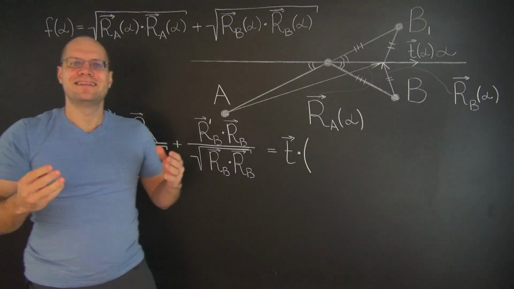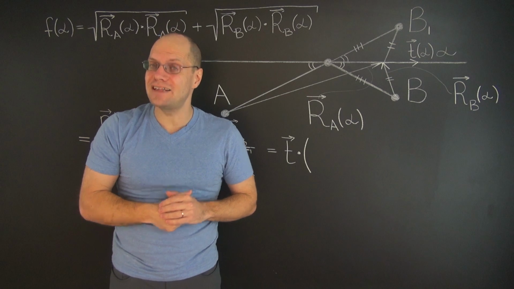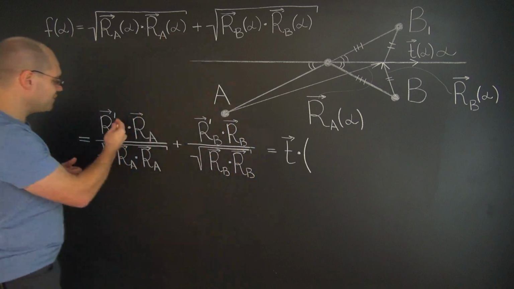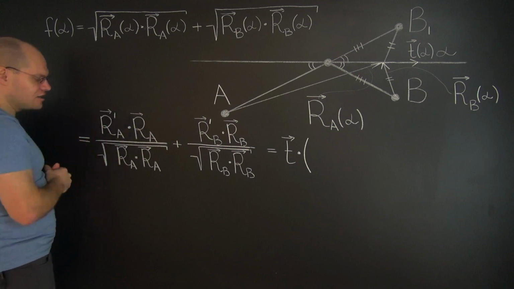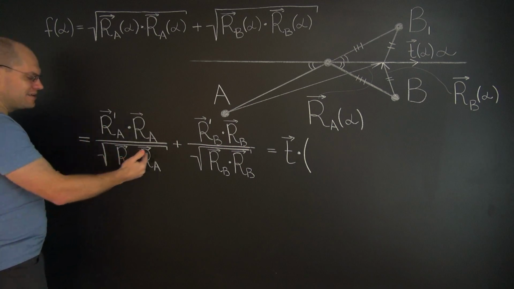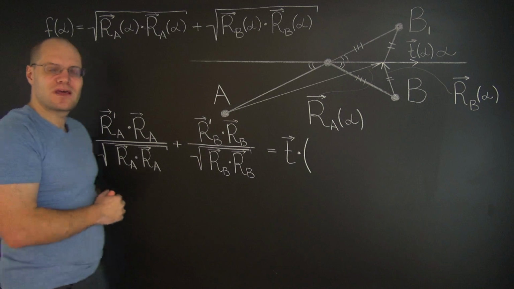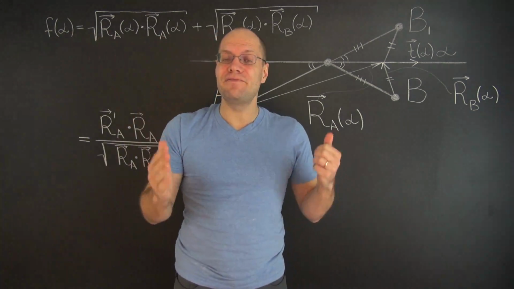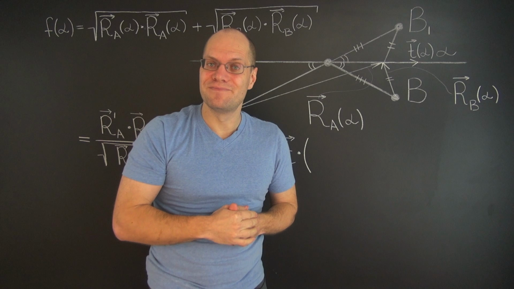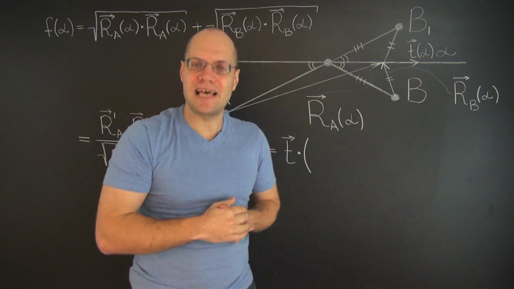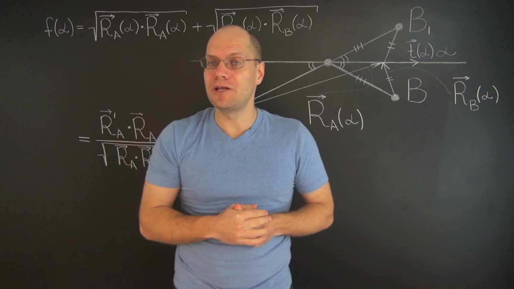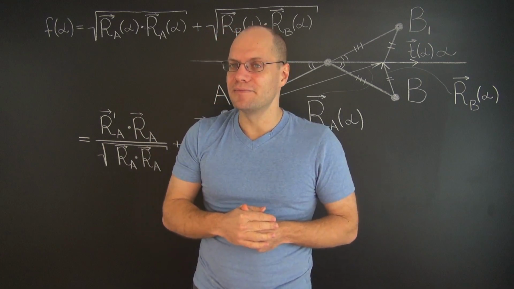All right, now let's discuss what we'll see inside the parentheses. What we'll have from this term is r sub a divided by the length of r sub a. In other words, we're dividing a vector by its length. So we'll end up with a unit vector that points in the same direction. We'll denote it by little n sub a.